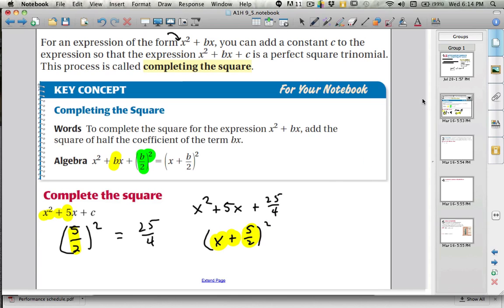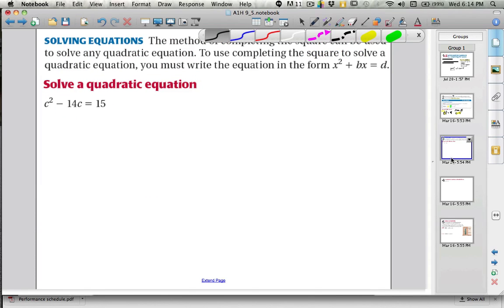Okay, so let's take a look at another example of how it might work in a regular quadratic function. Here's a quadratic function I want to solve. This might have started out as a problem like this: c squared minus 14c minus 15 is equal to 0.